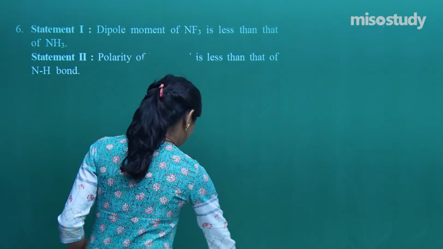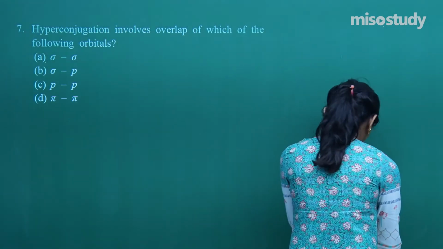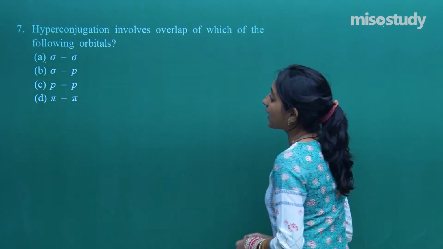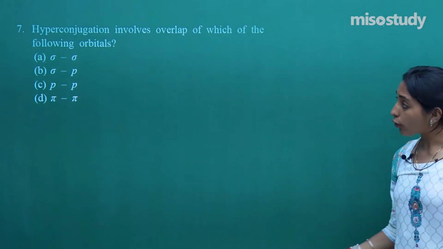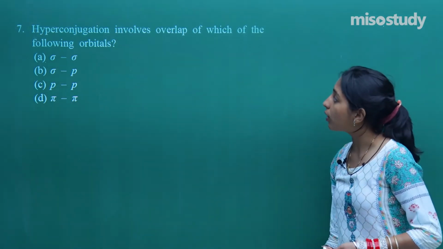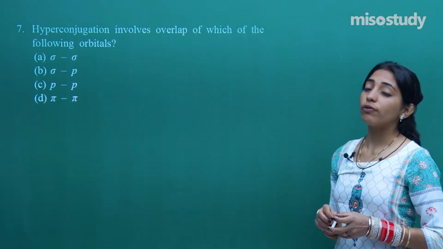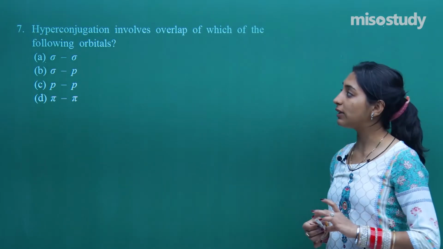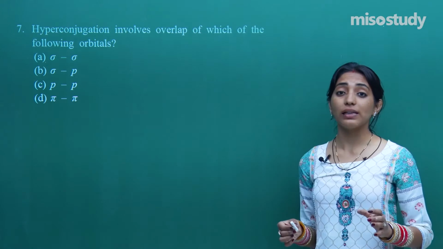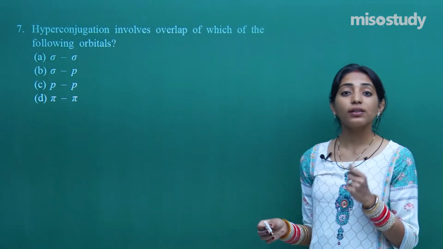So question number 7, which you can see on the screen, says hyperconjugation involves the overlap of which of the following orbitals. These orbitals are given to you and you need to tell me which orbitals hyperconjugation is a concept of.